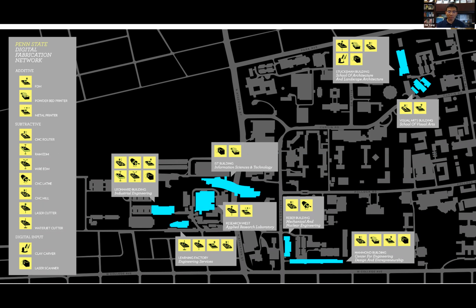And once the part is manufactured, it can be shipped back to the students through the campus mail. So this is called a digital fabrication network. This is a small version of a sharing economy, implemented in the Penn State system. But think about it, we can extend this to the whole United States or to the whole world.